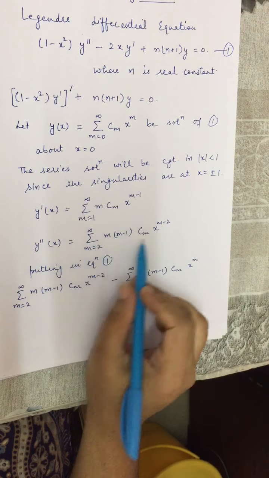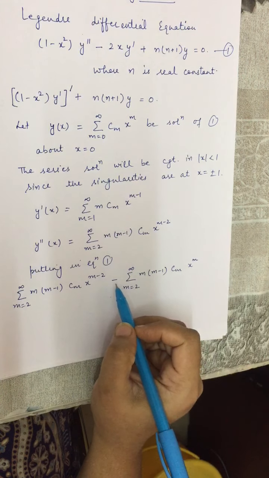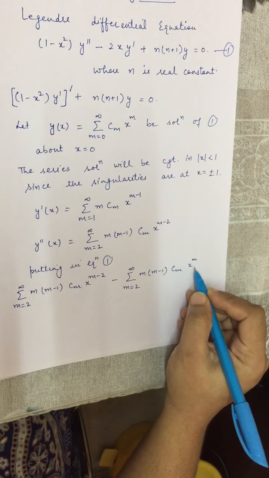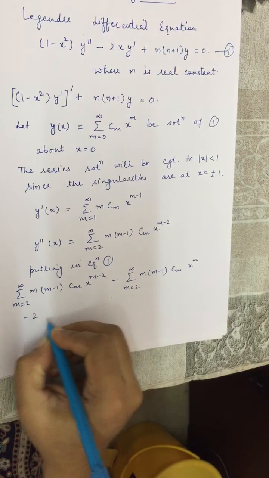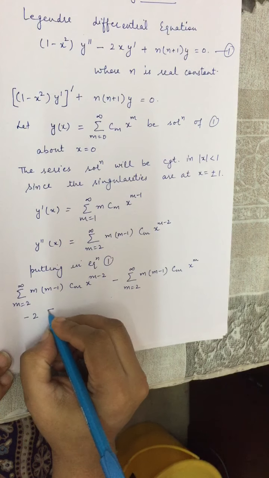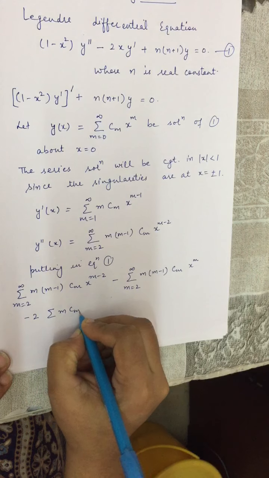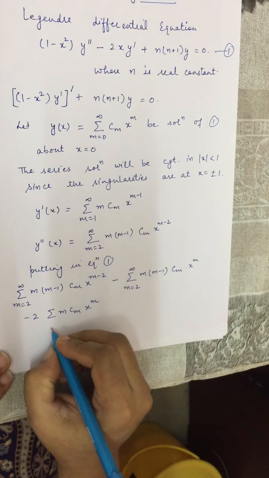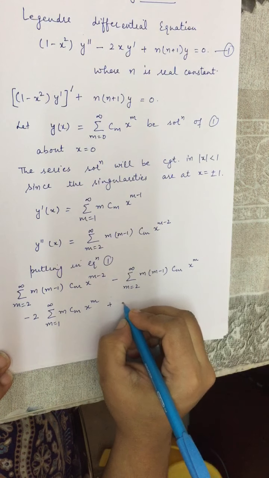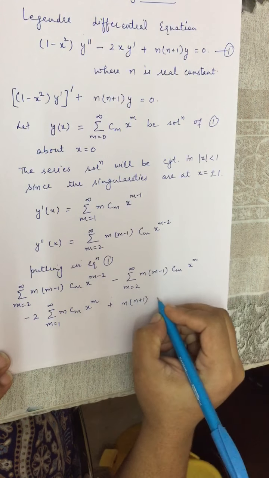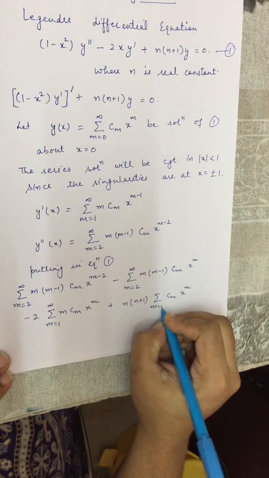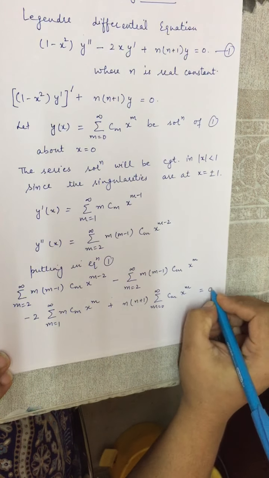That means this double derivative minus x square into the double derivative, so that becomes x raised to m minus 2 times x squared. Then minus 2x into the first derivative of y, so that will be m c_m x^m from 1 to infinity. And then n(n plus 1) into y, and y is the summation c_m x^m from 0 to infinity. So that is 0.